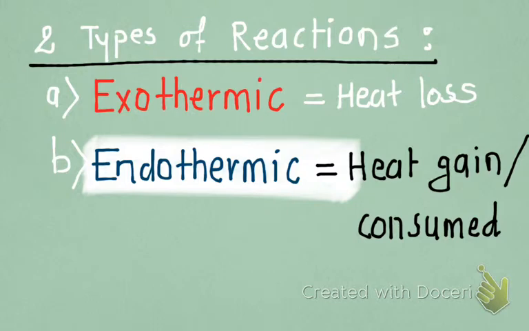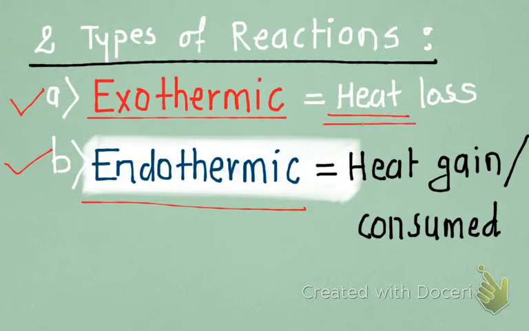There are two types of reactions. One is exothermic reaction and the second one is endothermic reaction. The name itself explains it: exothermic means loss of heat and endothermic means gain of heat, or we can say consumption of heat.